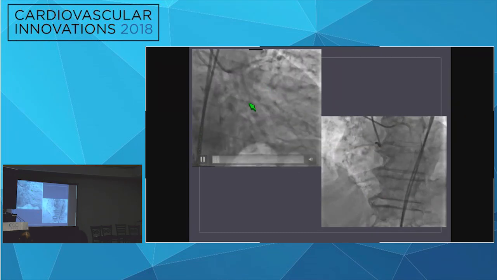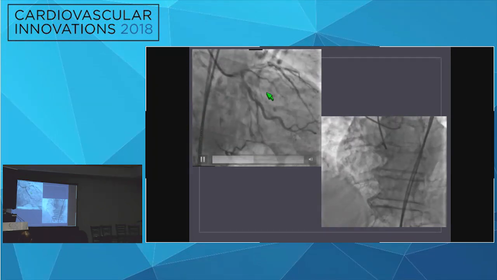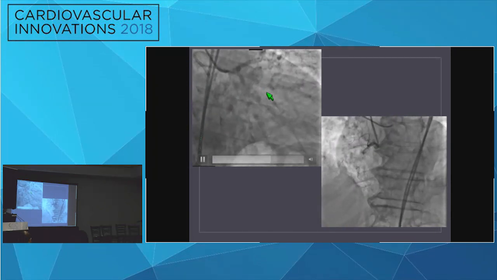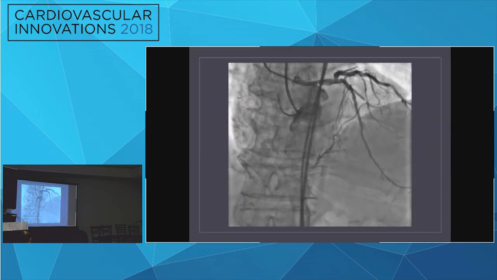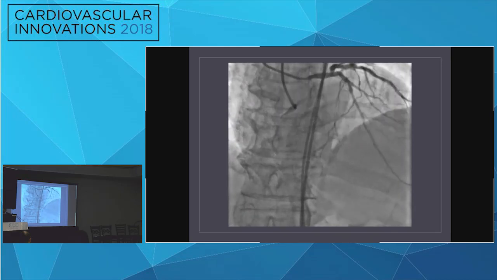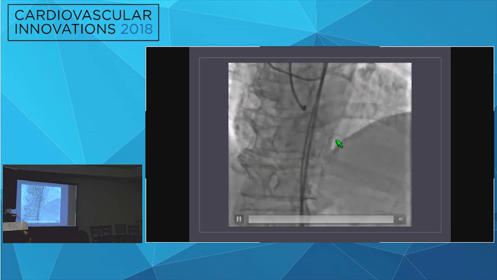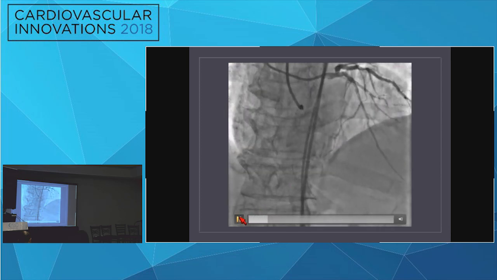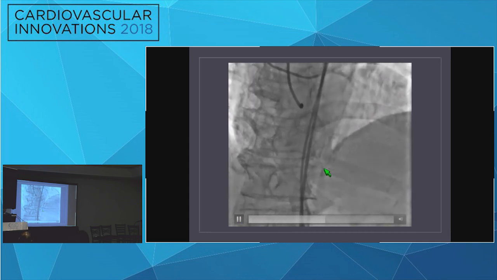This is the left system showing patent stents in the LAD and diagonal arteries with left to right collaterals. Unfortunately, there were no great septals to support the right system. There is an AV groove branch right here that fed the right PLV, which in turn supports the other branches, including the PDA.